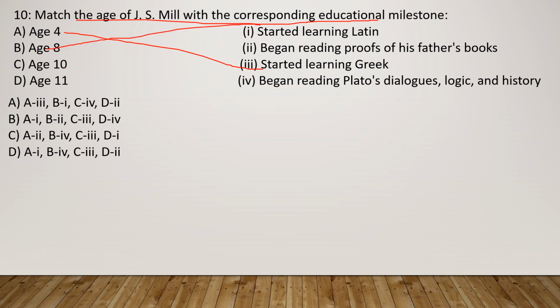Age 10, began reading Plato's dialogues, logic, and history. Age 11, began reading proofs of his father's book. His father wrote the famous book, The History of British India. So the correct option is option A.